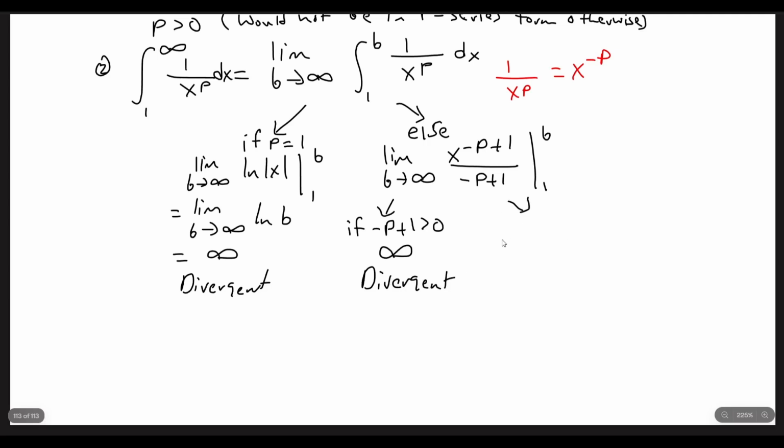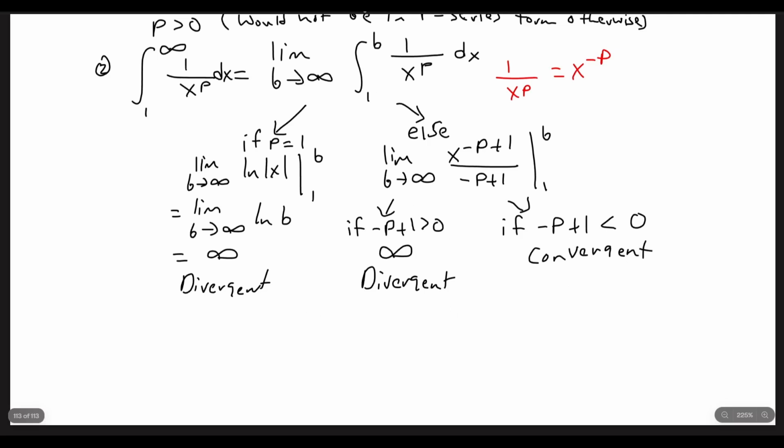Now, what if negative p plus 1 was less than 0? Now we'd be dealing with negative exponents, and this would not be infinity. This would be converging. And so now we have divergent, divergent, convergent.